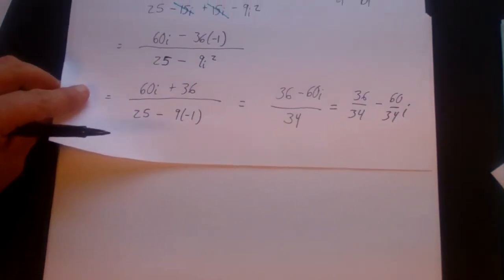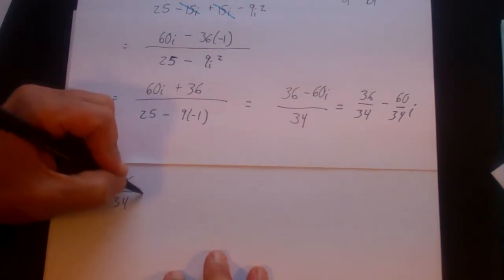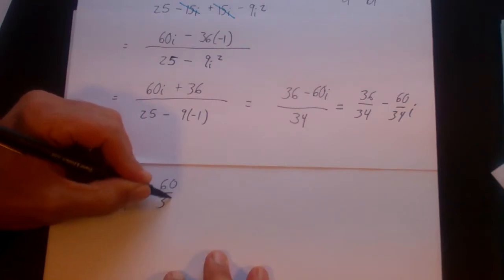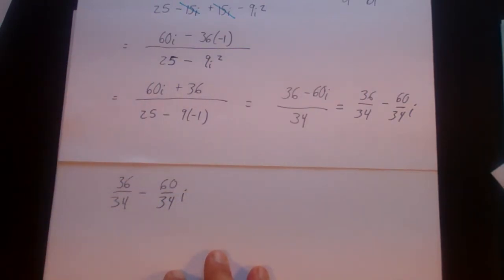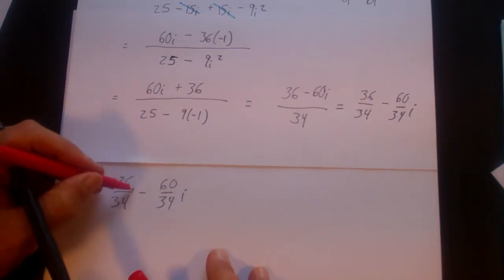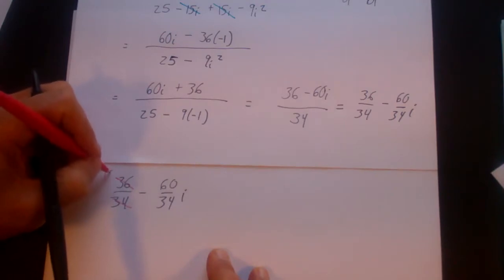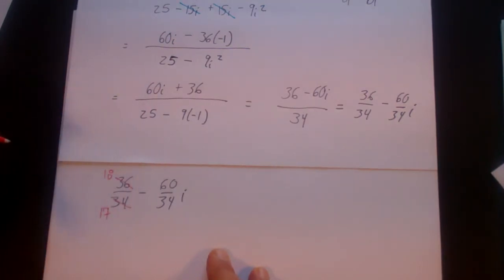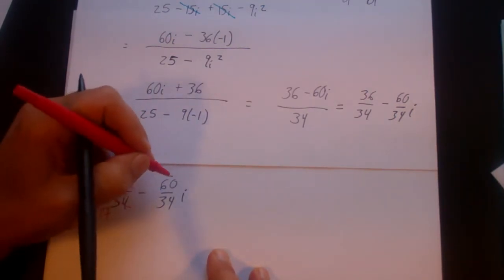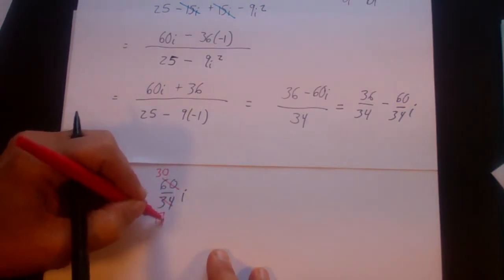Here we have 36 over 34 minus 60 over 34i. We just simplify this. If you notice the 36 and the 34, 2 goes into both of those, and that becomes an 18 and a 17. And 60 and 34, 2 goes into both of them, so that becomes a 30 and a 17.